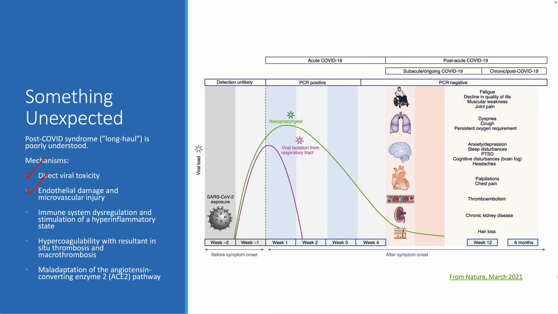It may be the immune system dysregulation and that hyperinflammatory state that's to blame. We don't know. It could be hypercoagulability with some in situ thrombosis. We don't know. And it could be maladaptation of that angiotensin converting enzyme 2 or the ACE2 pathway. We don't know.